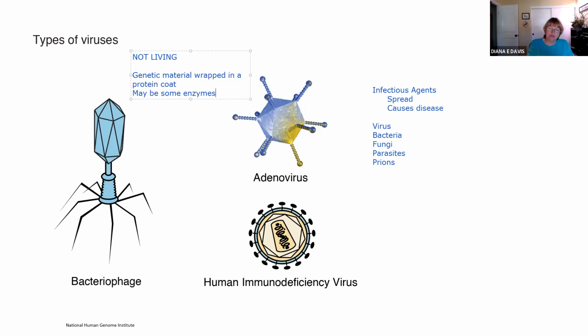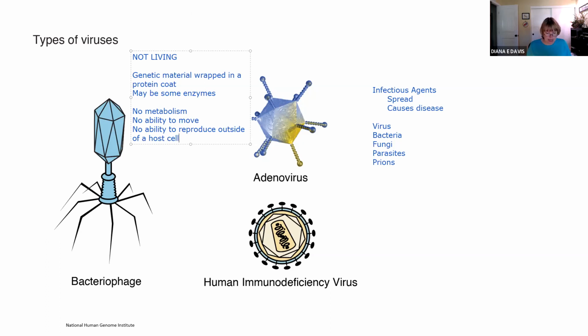If it's not infecting an organism, if it's not infecting a cell, it's not doing anything. It's just inert. So there's no metabolism, no ability to move, no ability to reproduce outside of a host cell. So that's a cell that's been infected. They can't do any of that stuff.